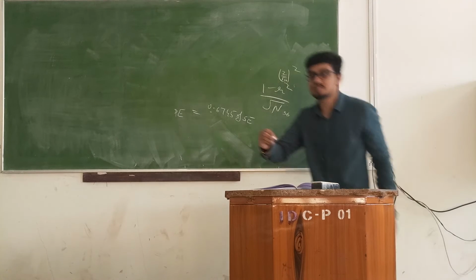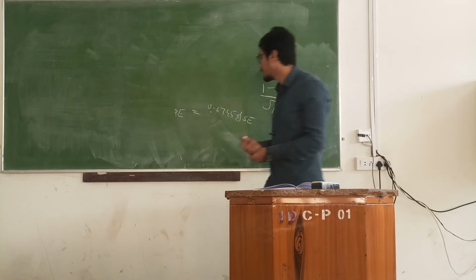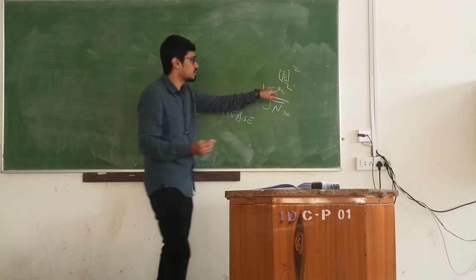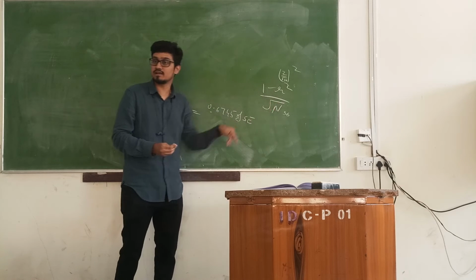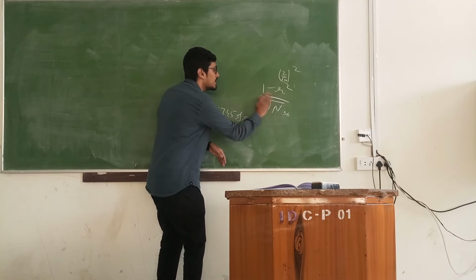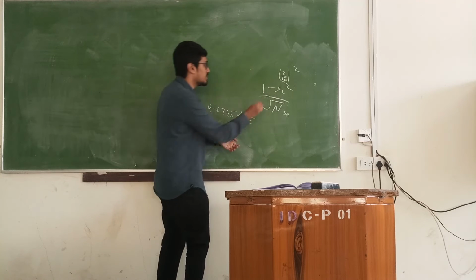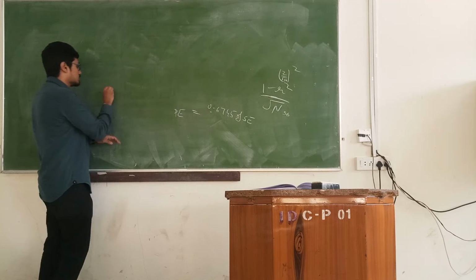Did everybody get 0.06745? No. Look at the board and be careful. This is 1 minus r square divided by root n. Here a mistake was made.